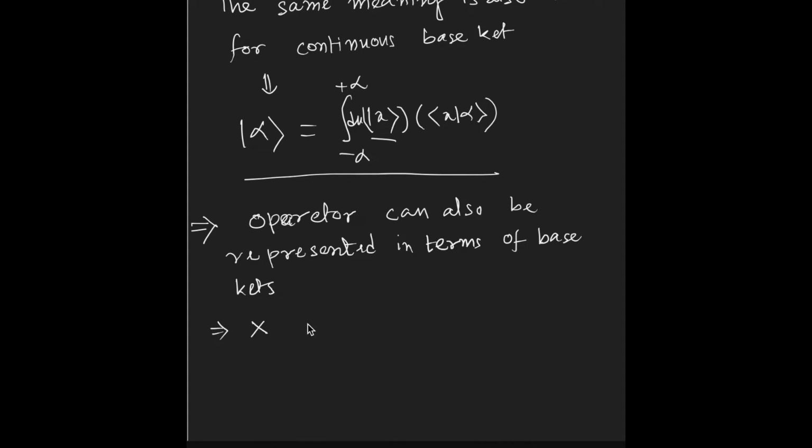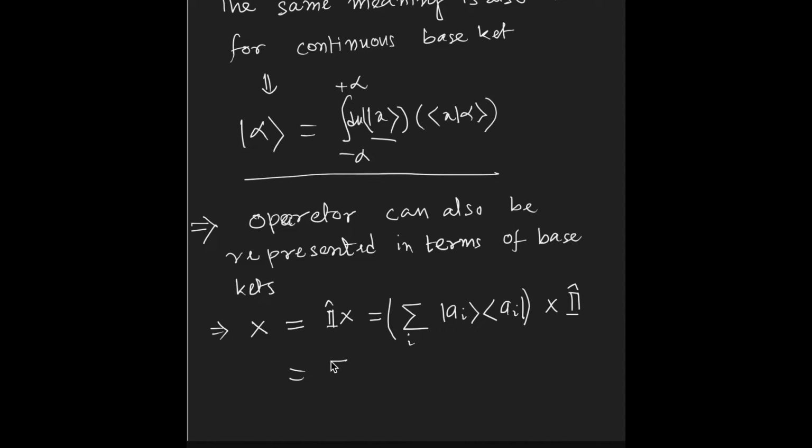Suppose X is an operator. We can multiply an identity operator, which is nothing but summation over i of |a_i><a_i|, with X, and we again write the identity from the right, which does not change the operator at all.